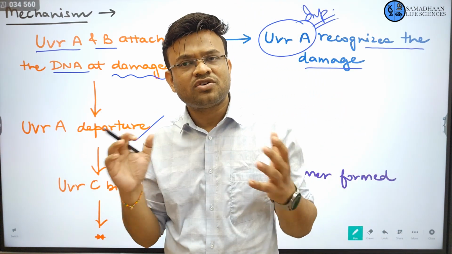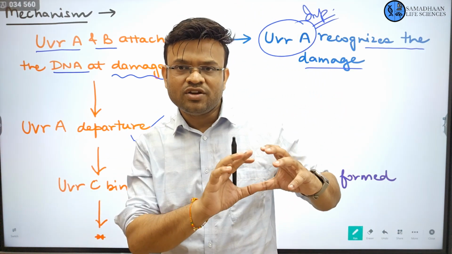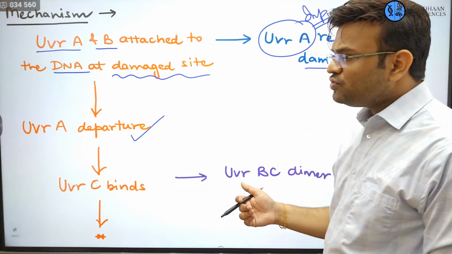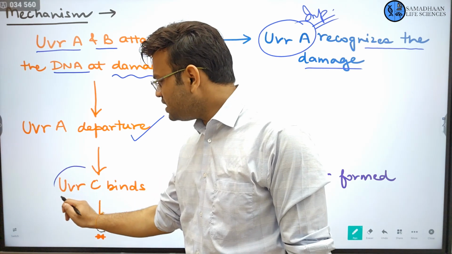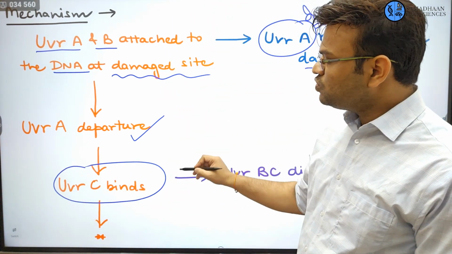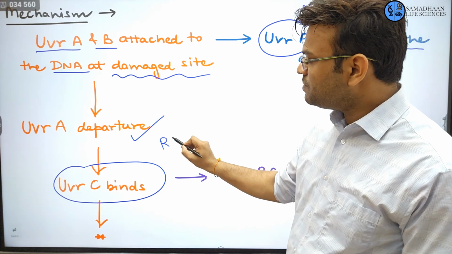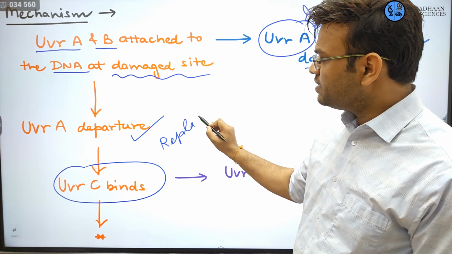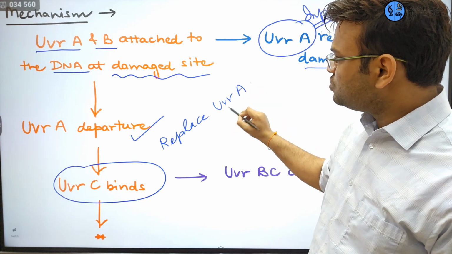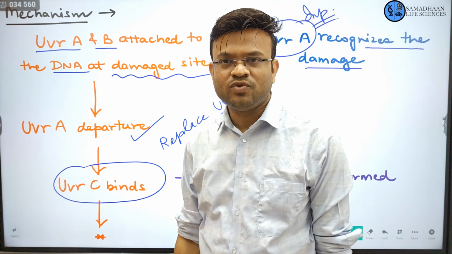That means the function of UVRA is finished and UVRA will be sent off. Next, in place of UVRA, UVRC would come and bind. In other words, UVRC will replace UVRA.